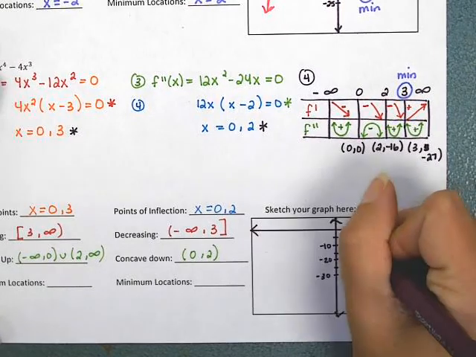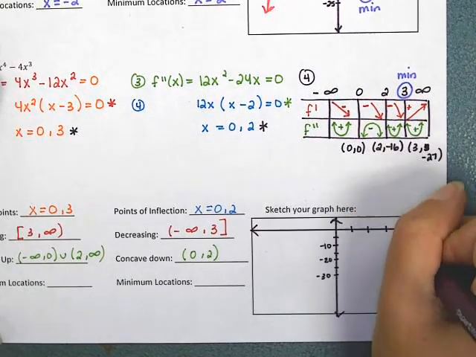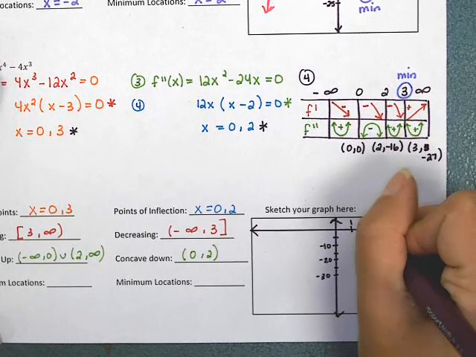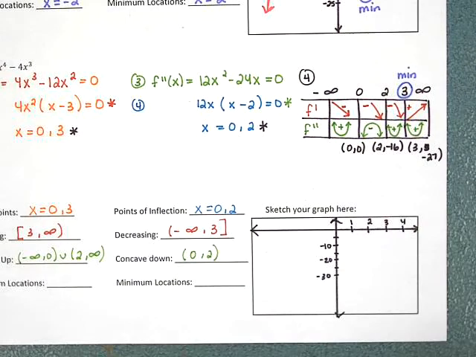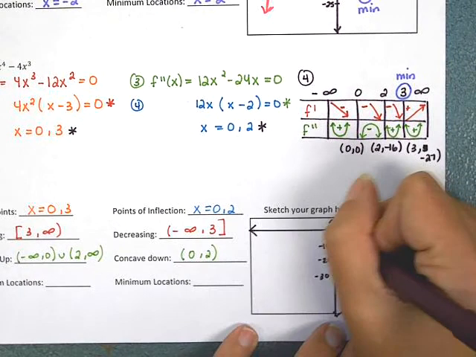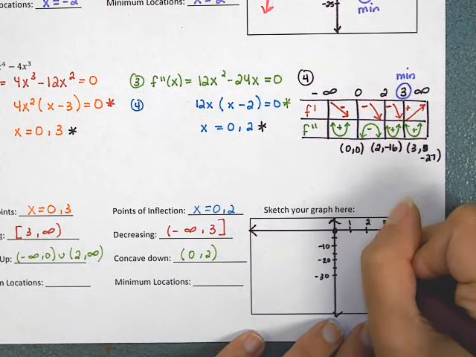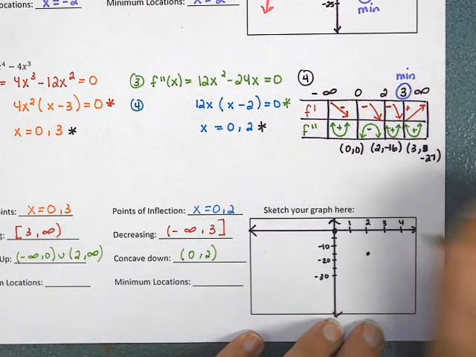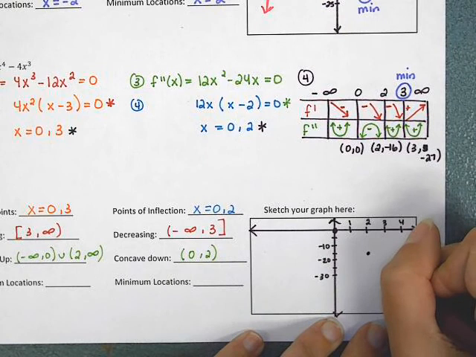The x's are going to be 0, 1, 2, 3, 4. Okay, let's graph our points first. So (0, 0), (2, -16), (3, -27).